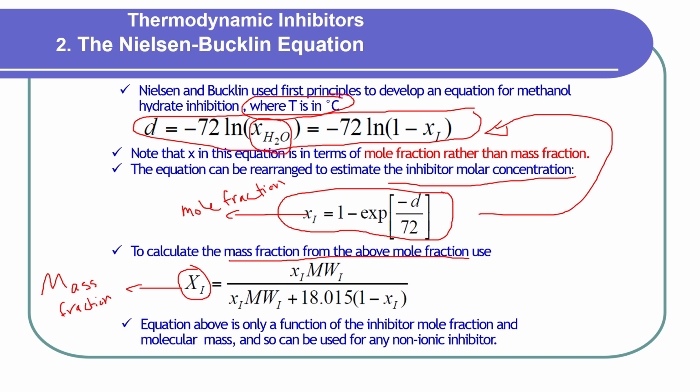One last thing to keep in mind is that this equation is always good as long as you have non-ionic inhibitors. It means that you cannot use this equation to convert the mole fraction to the mass fraction if you have ionic inhibitors such as NaCl and CaCl2. You're going to account for the ion concentration in that case, as we have explained earlier.